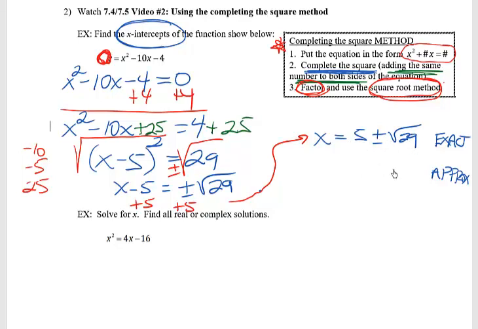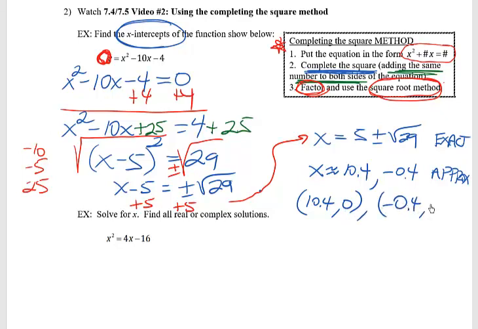Let me grab those values off the calculator. So I got 10.4 and negative 0.4. If I wanted to write those as ordered pairs, that would be 10.4 comma 0. X-intercepts always have a y value of 0. And negative 0.4 comma 0. Here are the two final answers, at least in the approximate version.